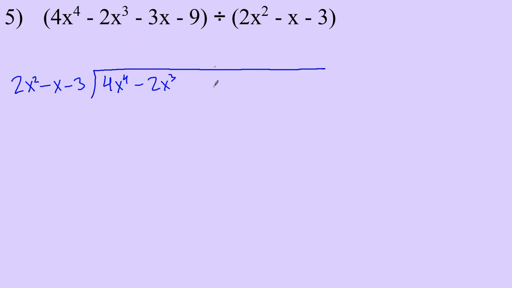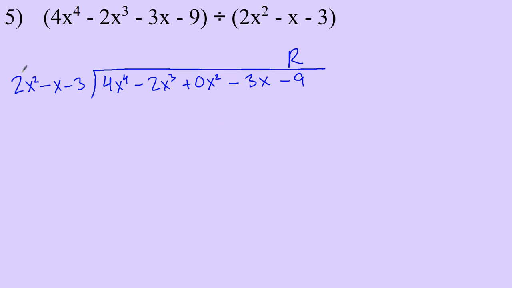There's no x squared, so 0x squared minus 3x minus 9. It's so I can have all my columns represented, so that way I know when I get down to here, that's my remainder. That's how I can tell I'm done.